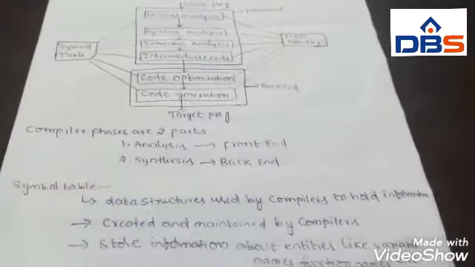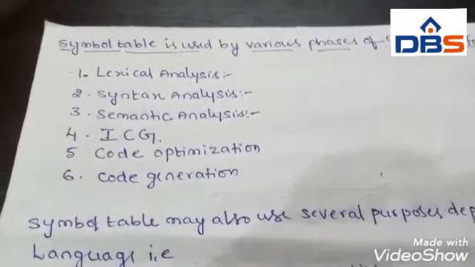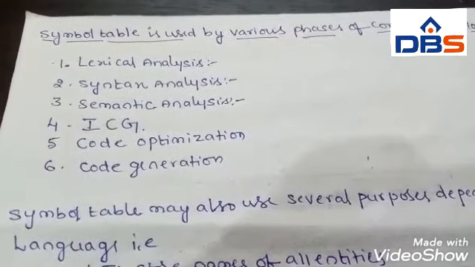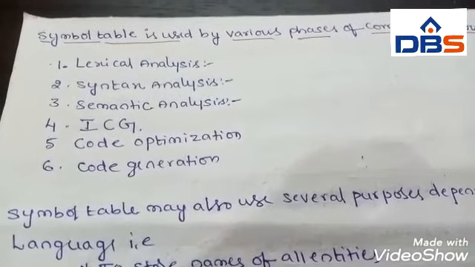Next, we are going to discuss how the symbol table is used by the various phases. We have 6 phases: lexical analysis, syntax, semantic, intermediate code generation, code optimization, and code generation.